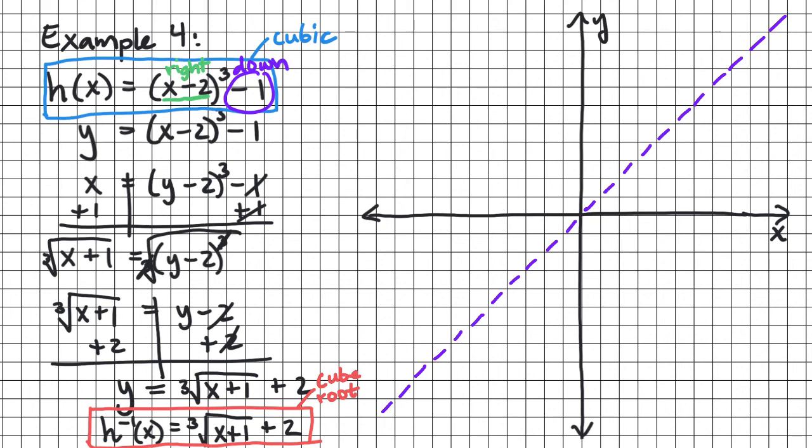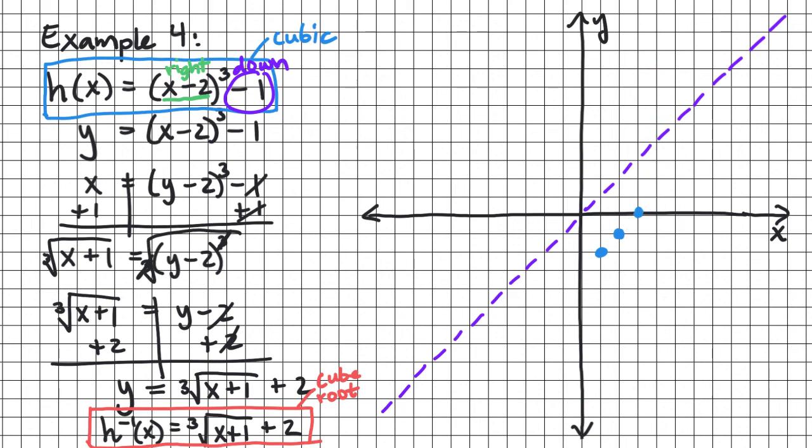So I'm going to go to the right 2 and down 1, that's my starting point. Then I'm going to graph the cubic function. So the cubic function has these points going 1 up, 1 down, right? Then the cubic function goes 8 down this way and 8 up this way.